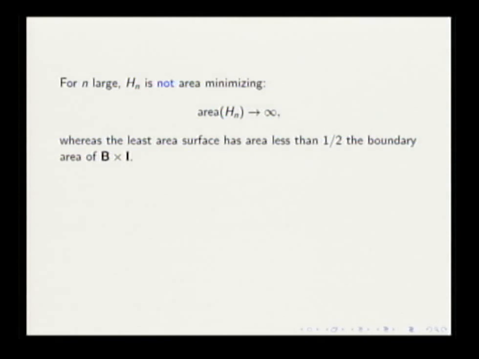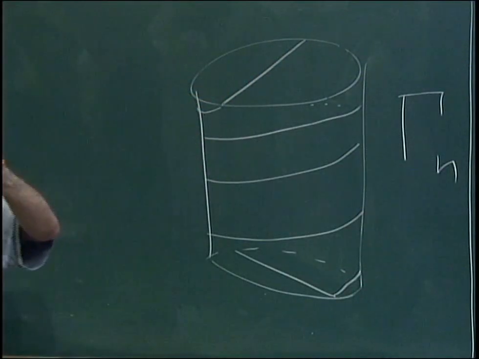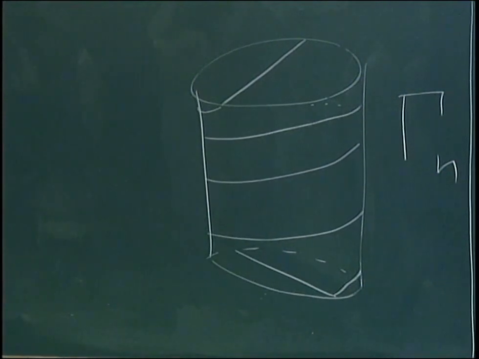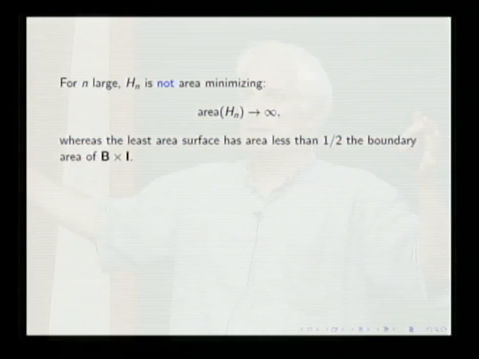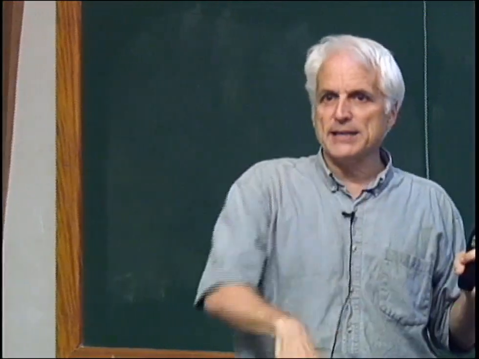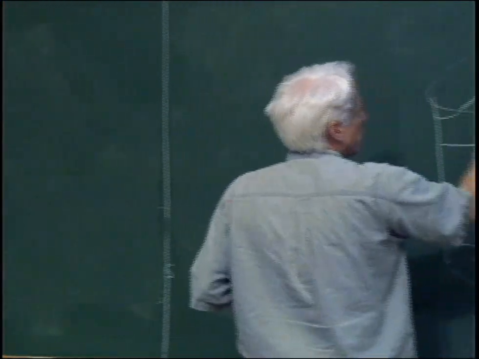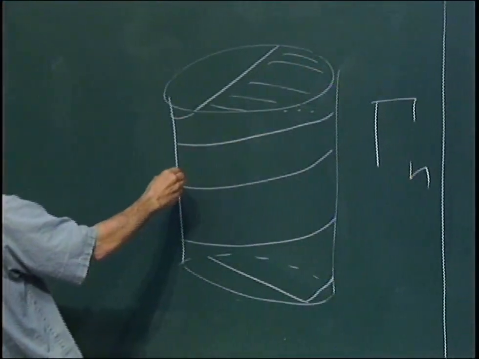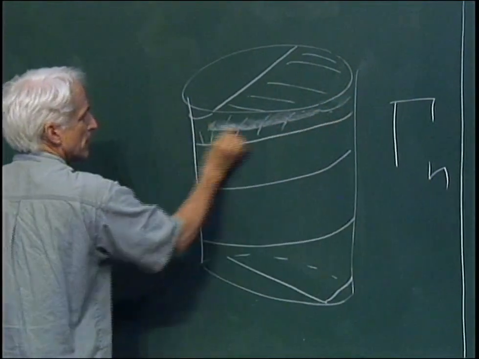On the other hand, notice that this curve divides the boundary of the cylinder into two pieces, each of which is a disk. So the area minimizing disk has to have less area than either of those pieces.